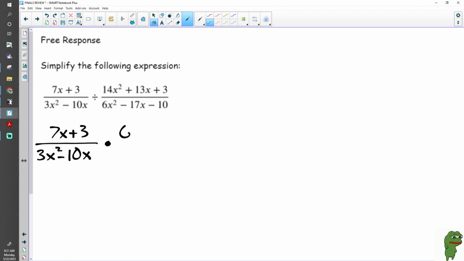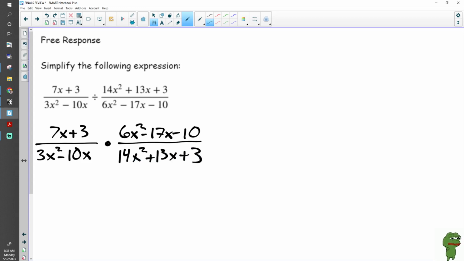So 6x squared minus 17x minus 10 on top. 14x squared plus 13x plus 3 on the bottom. Keep, change, flip. And now we just do a normal multiplication problem like we did on that last one.